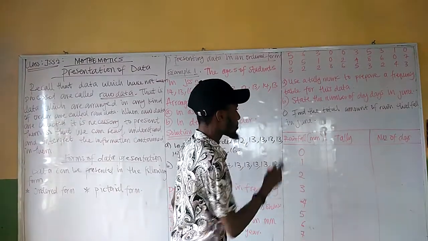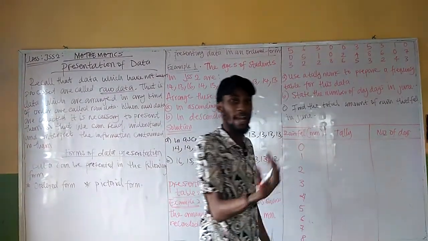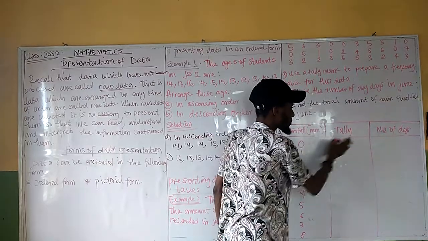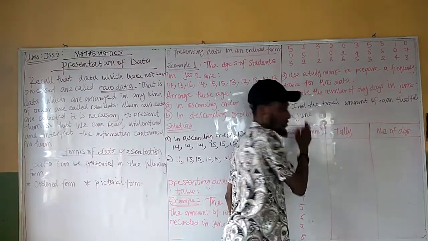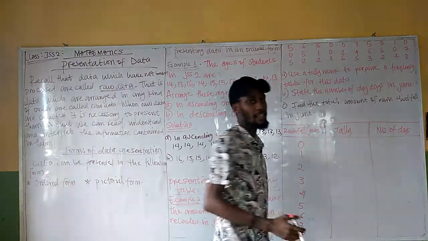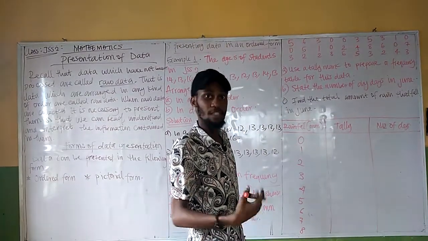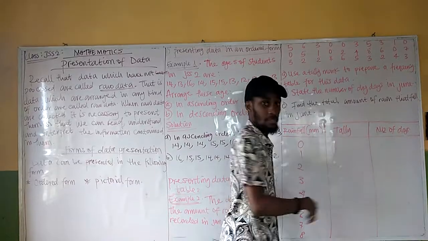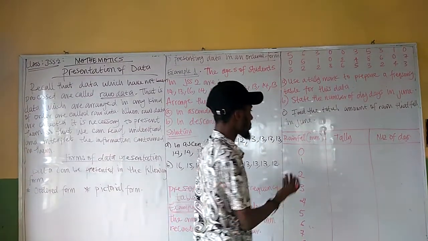In that case, before you use your tally, I will advise you to get the frequency, or the number of days, of 0, so that it can guide you on the value of your tally. Is that okay? But if you can get your tally first, there's still no problem.